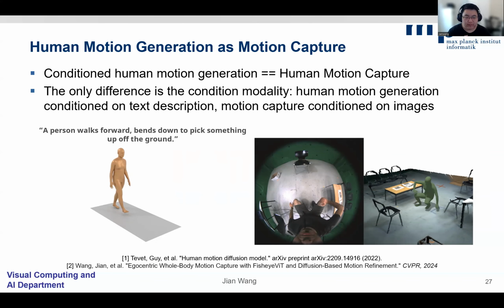This would be a universal method, not only for human motion generation but also for human motion capture. We can leverage the best of these two domains and combine them by using one single model.